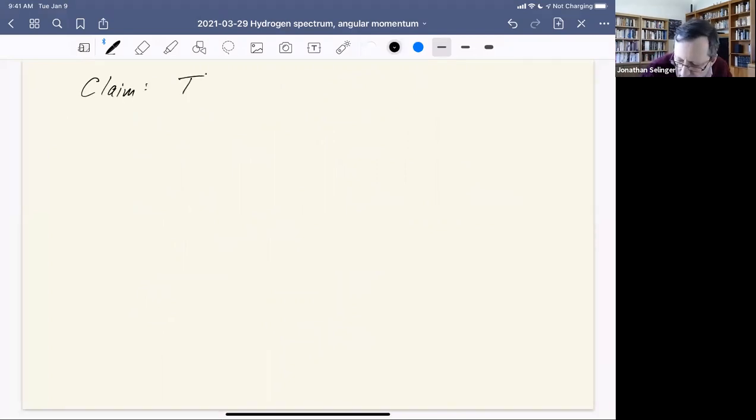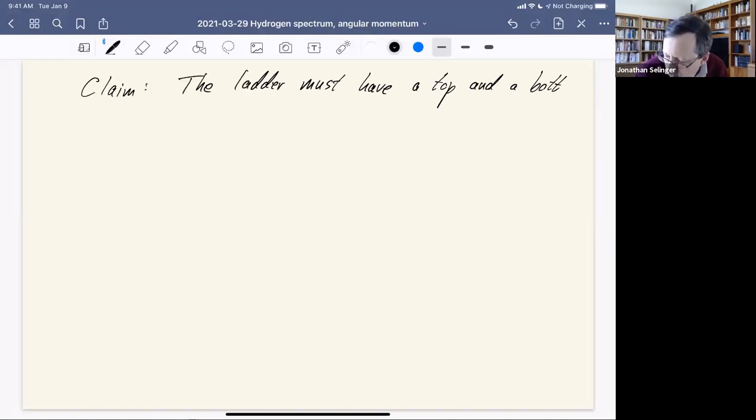So let me write that down and I'll try to prove it. The ladder must have a top and a bottom. Why? Well, we know that the expectation value of L squared is the expectation value of Lx squared plus Ly squared plus Lz squared.